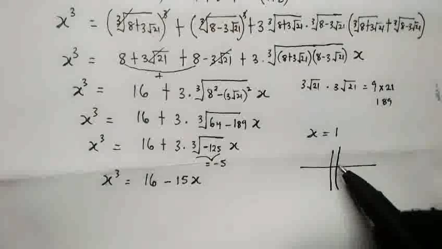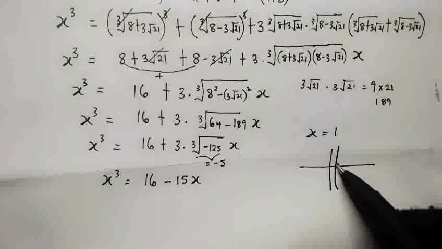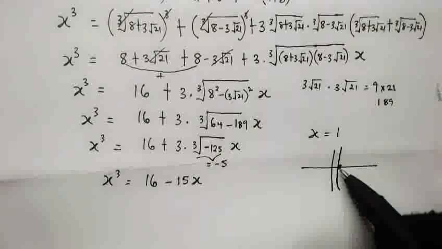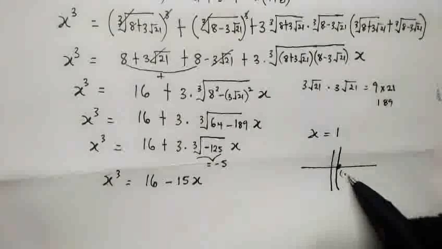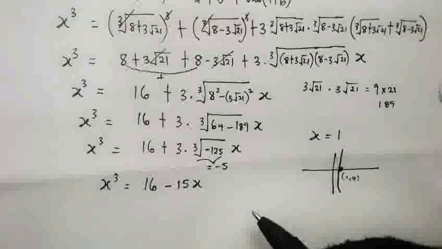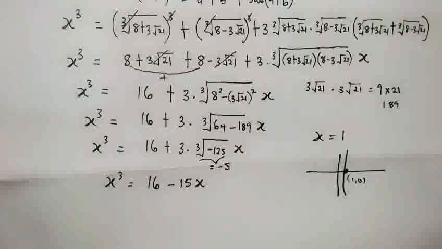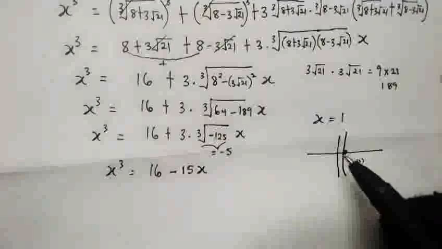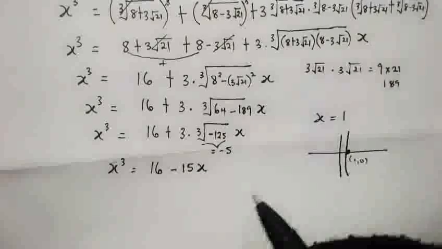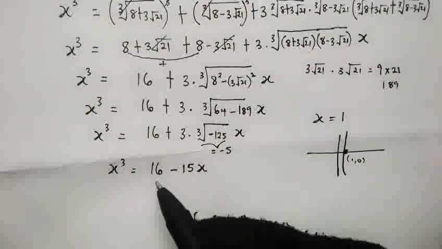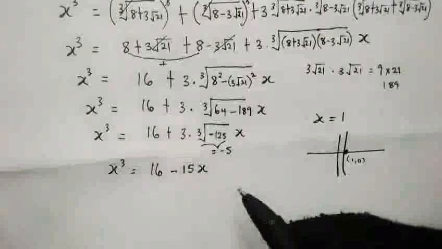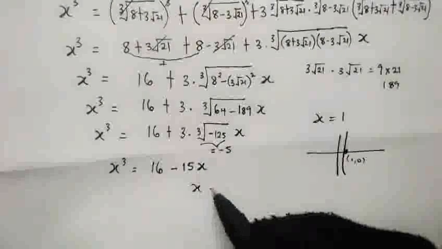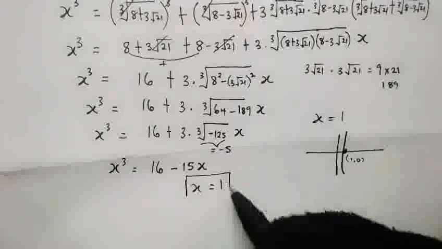So it has only one intersection along the x-axis, and that intersection is at the point (1, 0). Which actually means that x is going to be equal to 1 in this equation. Since it has only one intersection, this actually means that this equation has only one real value and 2 complex values. So from here we're going to say that x is exactly equal to 1, right?